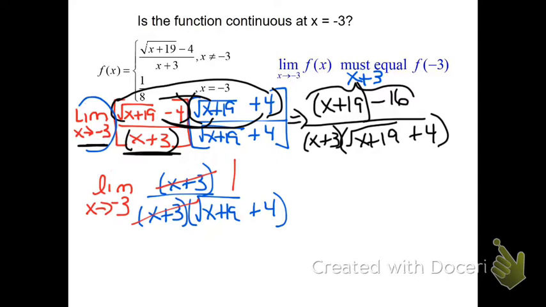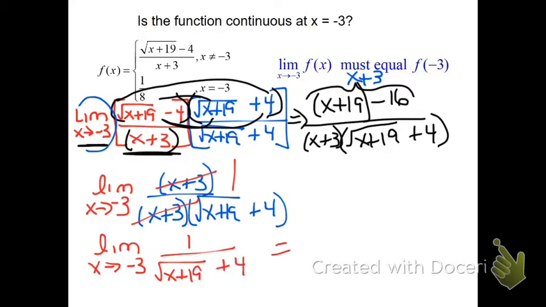I'm going to write it one more time, the limit as x approaches -3 of 1 over the square root of x plus 19 plus 4 is... Now go ahead and plug in that negative 3 for x, because you can. Negative 3 plus 19, that would be 16. The square root of 16 would be 4, and 4 plus 4 is 8, so I get 1/8.